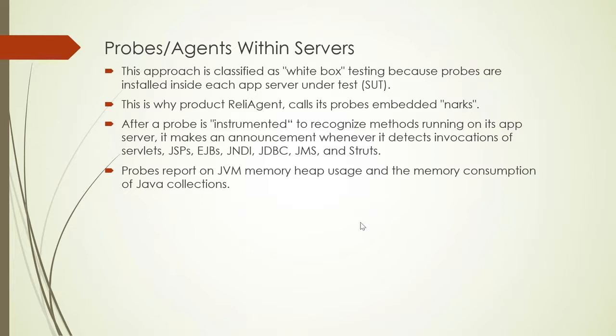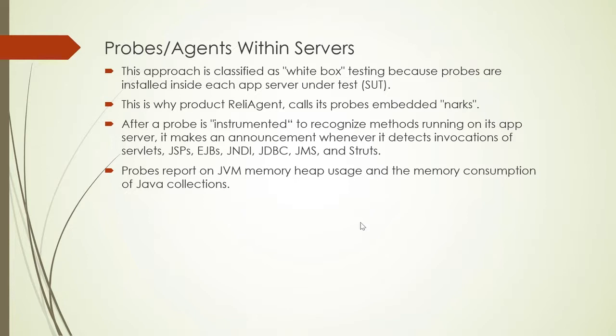So whenever a probe is instrumented on a Java application server, and a client is accessing this application, when the client traffic is going to the application, and as soon as the EJBs are triggered, the servlets are triggered, JSPs are triggered, you get this recorded on your diagnostics tool, right?